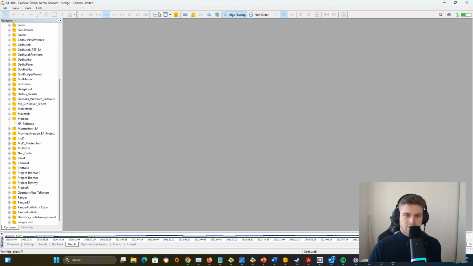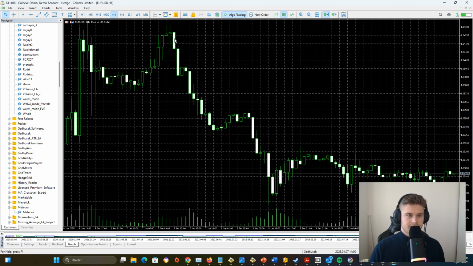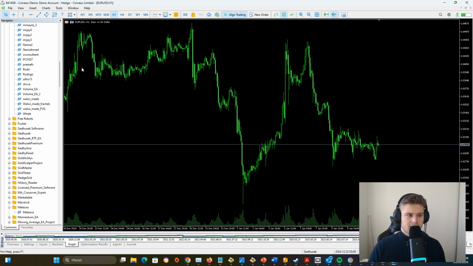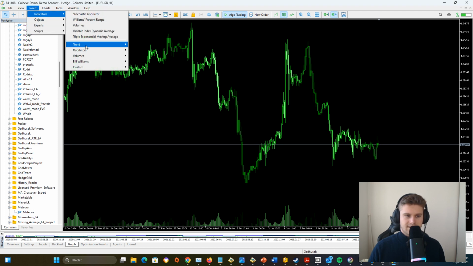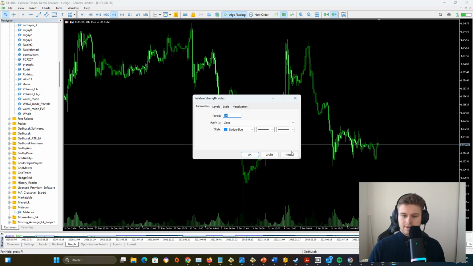I will demonstrate it on my chart right here. So let's, for example, open EURUSD. What I will do is simply add the RSI indicator because it's a good mean reversion indicator, let's say. Let's go for initial settings of 14.